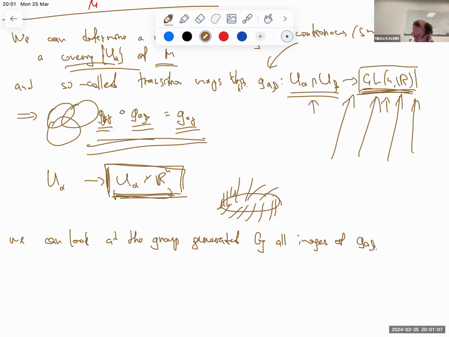So this group may be the whole GL n R, maybe not. So for example, if G alpha beta belongs to O n, or to some other group G, then we call G the structure group of the bundle.